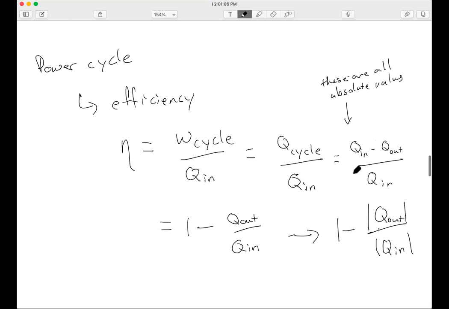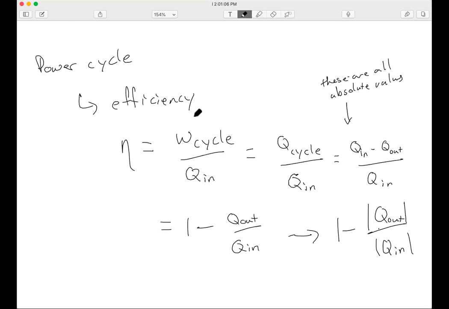So following that, you can write this as Q in minus Q out, where these are all positive numbers, because the cycle heat would be the net heat. So that's the inputs minus the outputs. I write everything as positive. And then just rearrange these fractions. And if you're really worried about the absolute values and the minus signs, here's a formula where I've made it explicit. So that is a formula for the efficiency of a power cycle.